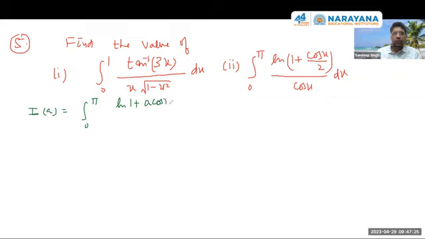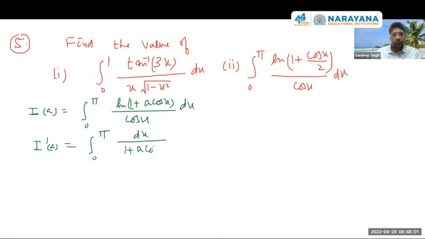All of you know it. There is a formula which converts an integral into some function, like in limits. But in indefinite, we do not have any formula. So 1 plus a cos x divided by cos x. To begin with, the integral will be how much? Tell me, dx upon 1 plus a cos x. Right? Yes, sir.